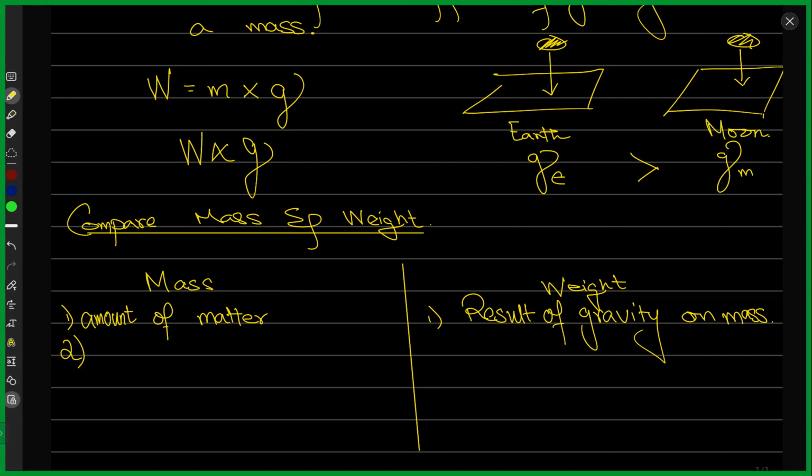So mass is a scalar and weight is a vector, because weight is going downwards towards the earth. Weight is always directed towards the earth. It's like a force. In fact, it is a force, and it would matter if I were to change the direction of that arrow.